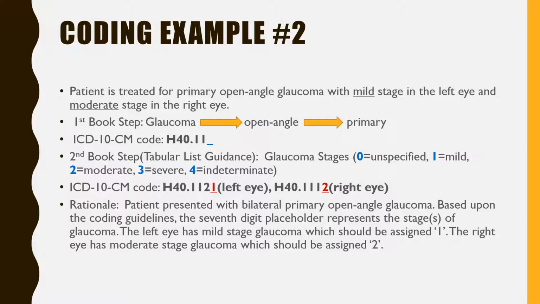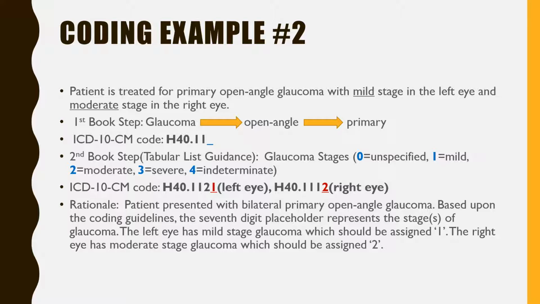So therefore, in this example, we should have 2 ICD-10 codes, although both eyes have glaucoma, but they each have a different glaucoma stage. Therefore, we have to assign 2 different ICD-10 codes to clearly represent the types and the stages of the glaucoma in each, the right and the left eye.